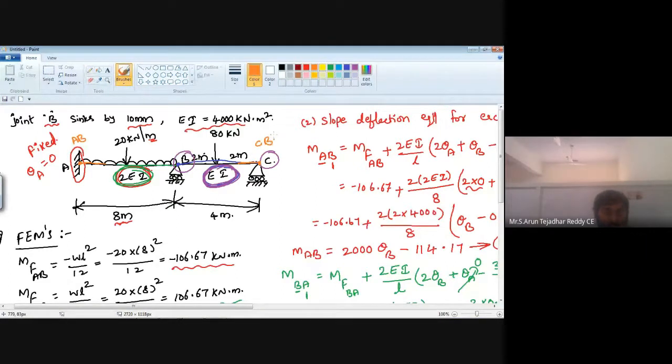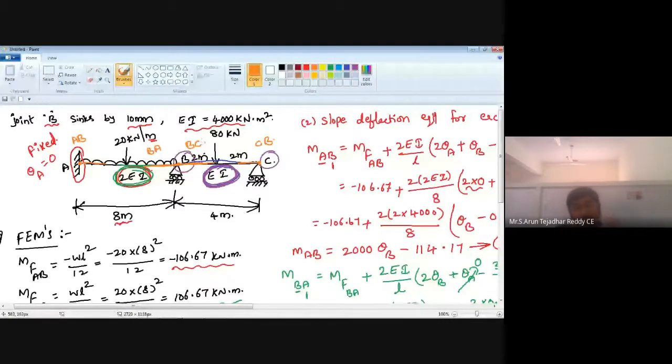Now if you take B as a joint, from B to A one member connected, and B to C right side other member connected. So first take B as a joint. Because it is connected 2 members, BA and BC.